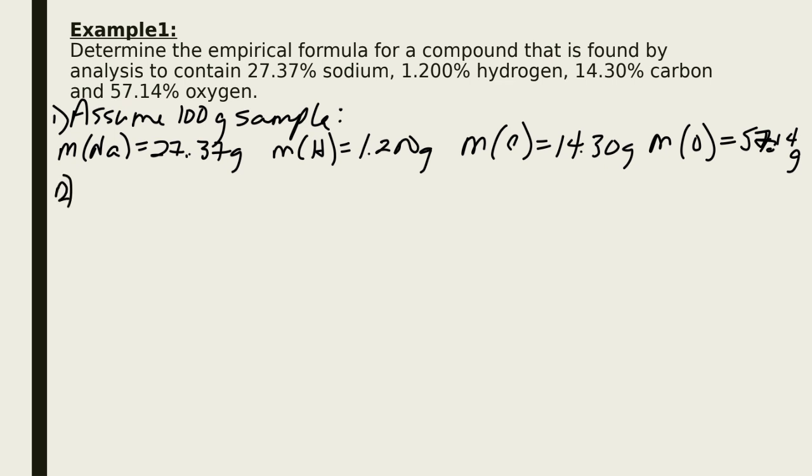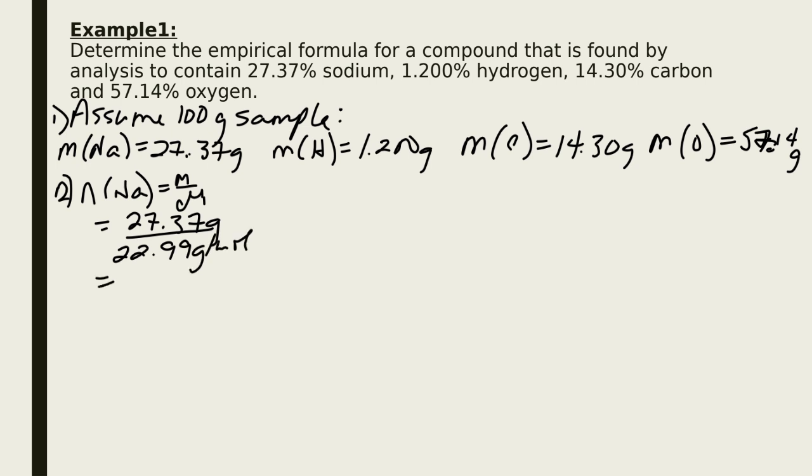The next step for us to do is to determine the moles of everything. So step 2 here, we're going to figure out the moles of sodium, and we're going to take mass divided by the molar mass. So we'll take 27.37 grams, and we're going to divide by the molar mass of sodium, so 22.99 grams per mole. And I get a mole value here of 1.1905 moles.